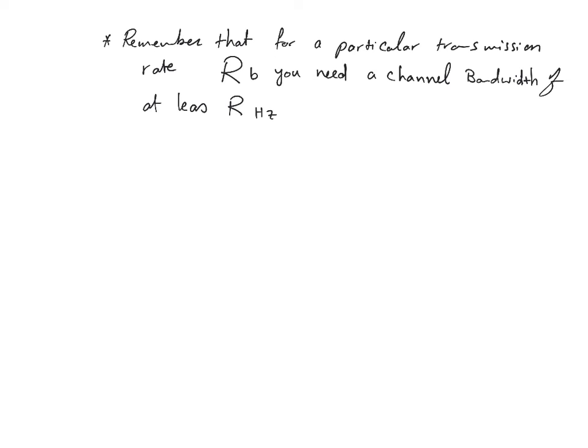So this is bits per second, and this is hertz. To transmit a certain number of bits per second directly to the channel, you need at least a channel bandwidth equal to the same rate. So to transmit 10 megabits per second, you need at least a channel bandwidth of 10 megahertz, right? If your channel bandwidth is smaller than that, you cannot achieve the 10 megabits per second.